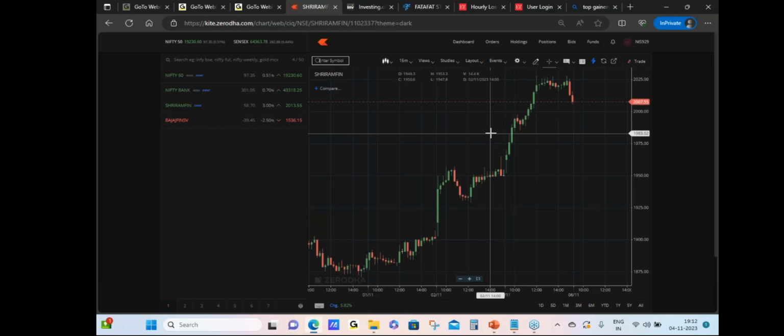So I'll just repeat. 10 SMA means simple moving average. Whenever candles are below 10 SMA, then we are supposed to go for sell trades only.